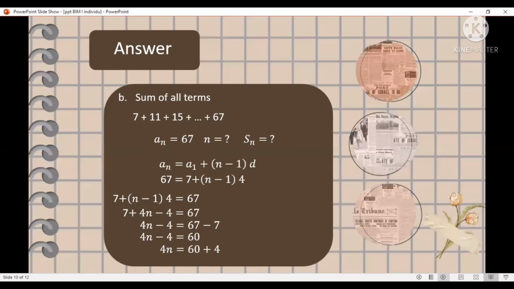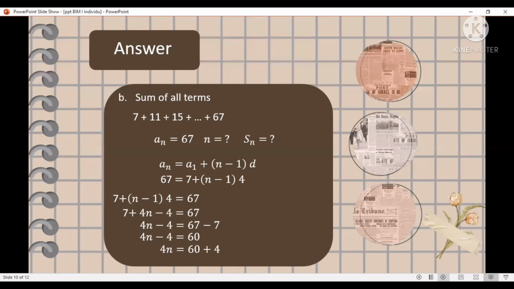What is known is only An, which is 67, and the first term is 7 and the difference is 4, and what was asked was Sn. To find Sn, we have to find the value of n first, then substitute it into the formula.